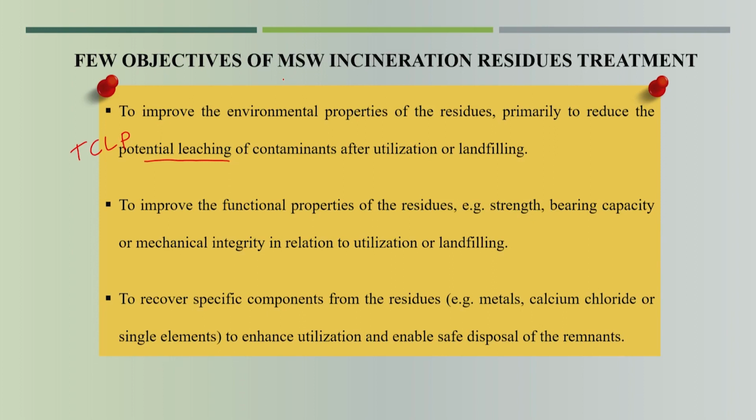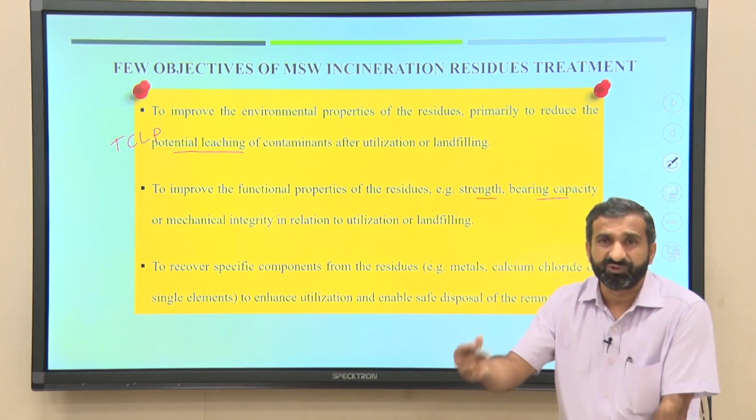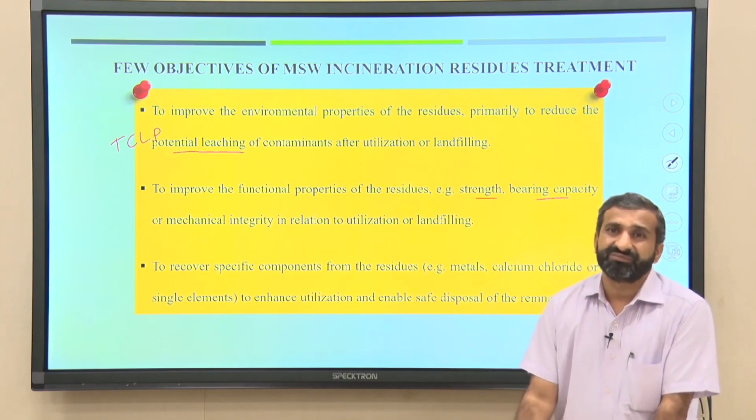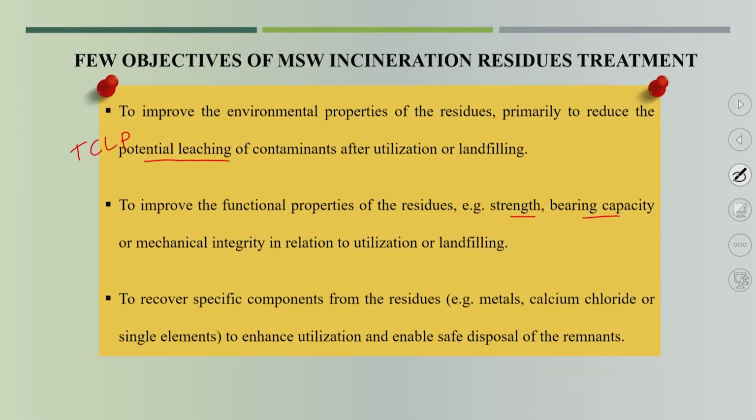Another objective is to improve the functional properties of the residues, like strength, bearing capacity and mechanical integrity, in relation to utilization. Obviously, such ashes or residues are mostly proposed for construction purposes, so their strength and bearing capacity need to be known or improved so that they can be utilized for particular purposes.